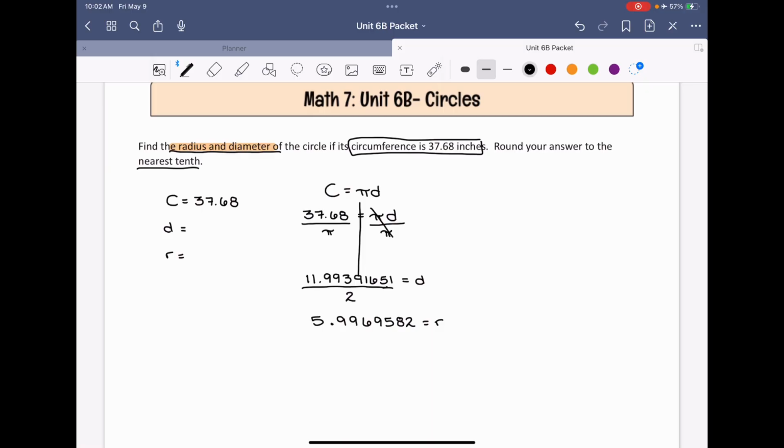So nearest tenth, both of these, my tenths place would be a 9. So what happens is when I look to the right, 9 tells me to bump that up, so that means that my diameter is going to become 12.0, and my radius is going to be 6.0.